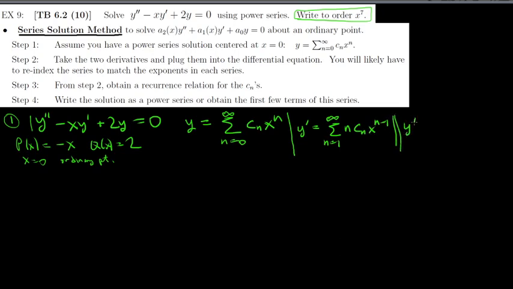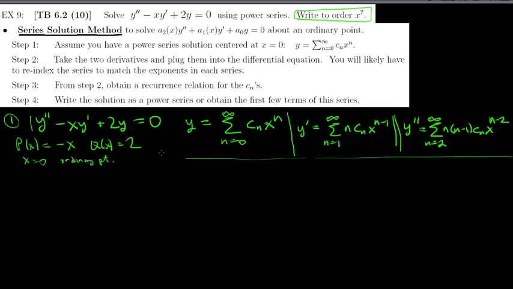And then for y double prime, this was the sum n going from 2 to infinity of n times n minus 1 times Cn times x to the n minus 2. I think I just made it. Great. So I'm going to need all three of these: the first derivative, the second derivative, and the original function.